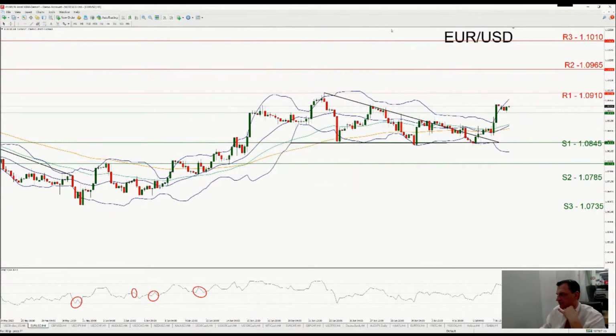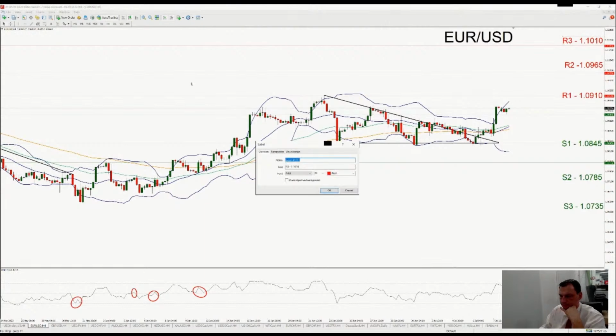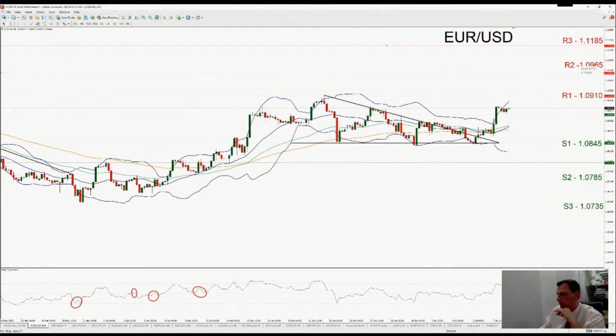$1.1185 being the R3. In the R2, $1.109.